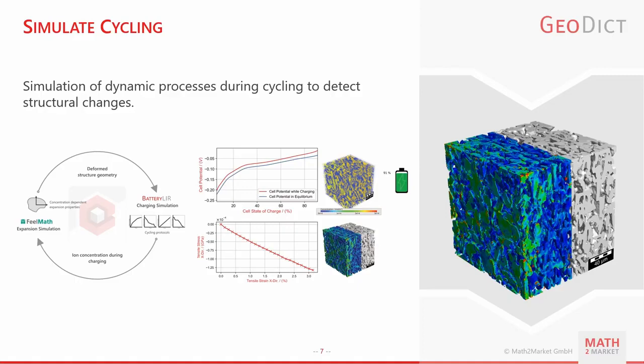The deformed geometry is now given back to the battery layer solver in BatteryDict for further charging of the material. After that, we perform another expansion step and so forth. We repeat this until the battery cell is fully charged.